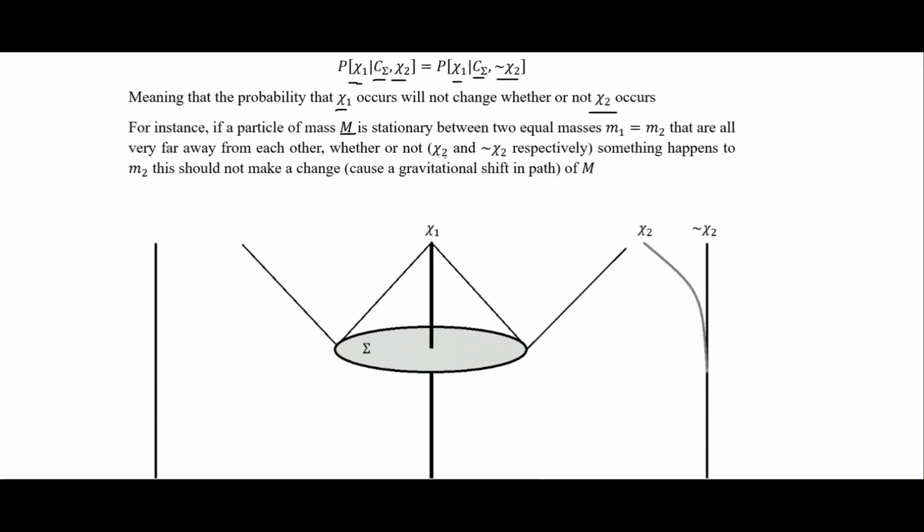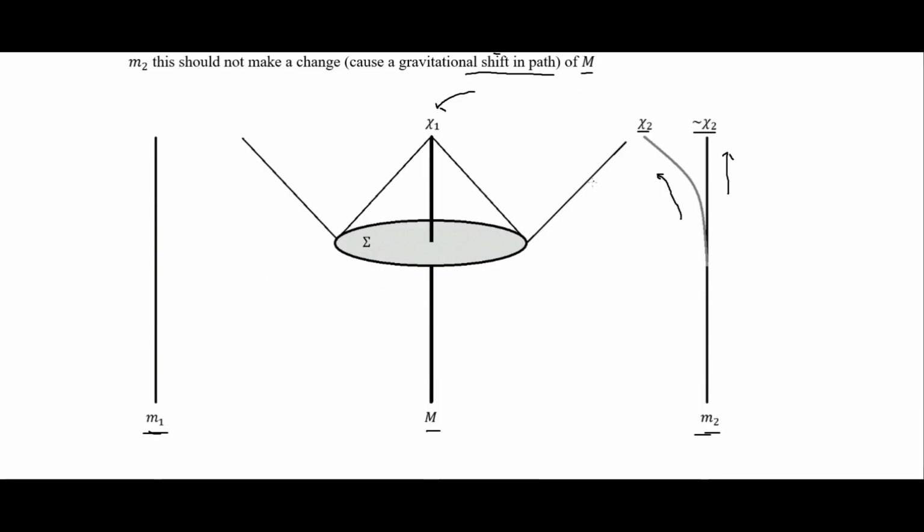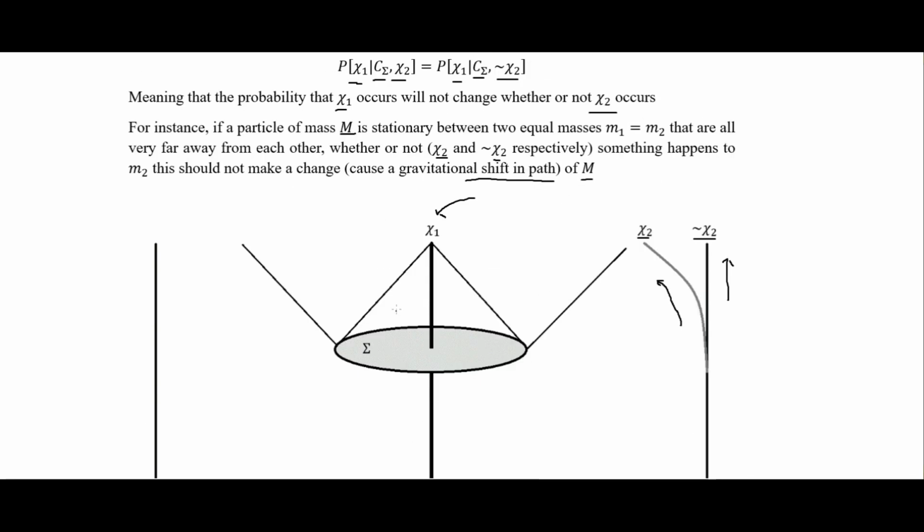So whether or not chi2 happens, then something happens to the m2. So whether this happens or this doesn't happen, so whether this changes path or doesn't change path, this should not make a change in chi1 here. So in other words, it shouldn't cause a gravitational shift in this mass M right here.